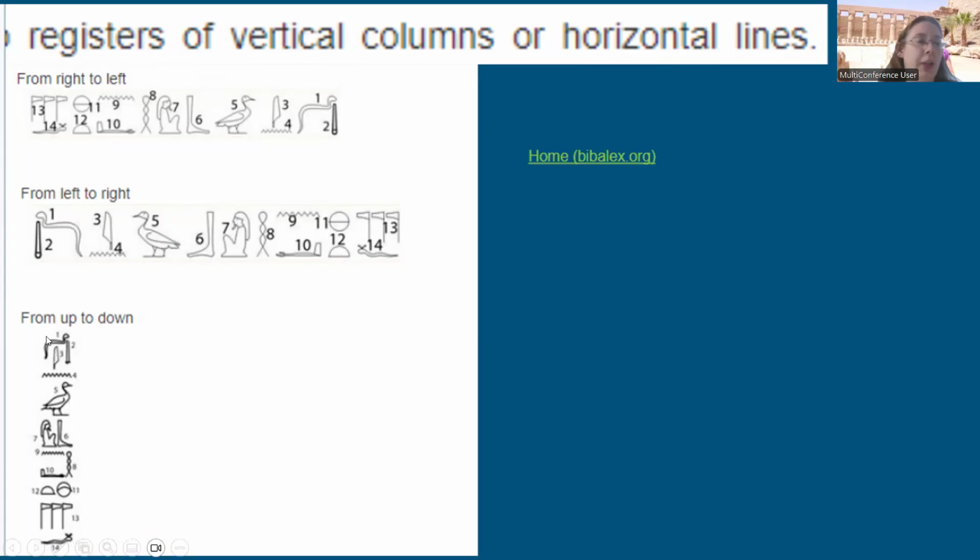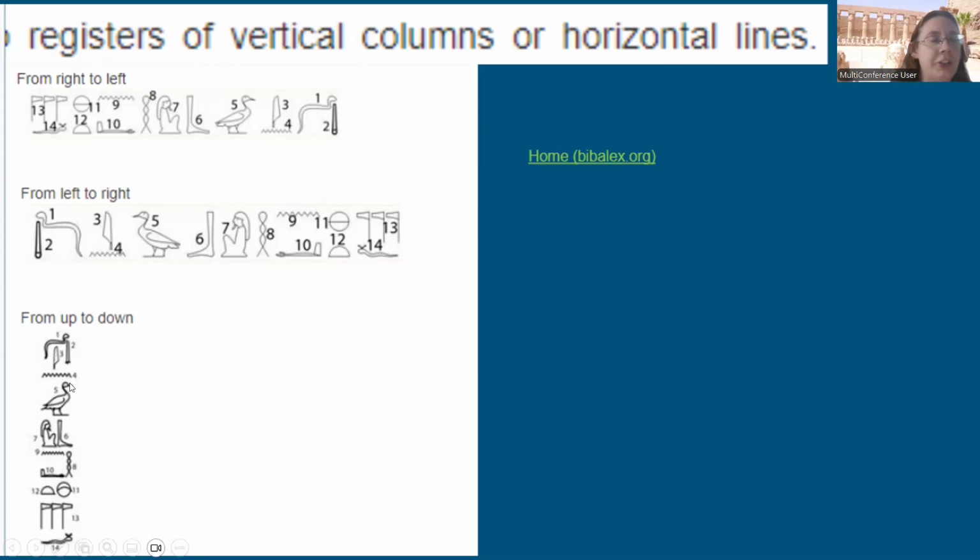And then you can also have text or sections of text that go up to down, so vertical. And so sometimes the question, if you have that, is okay, which vertical chunk do I start with? And again, start in the direction that the animals and or people are facing.